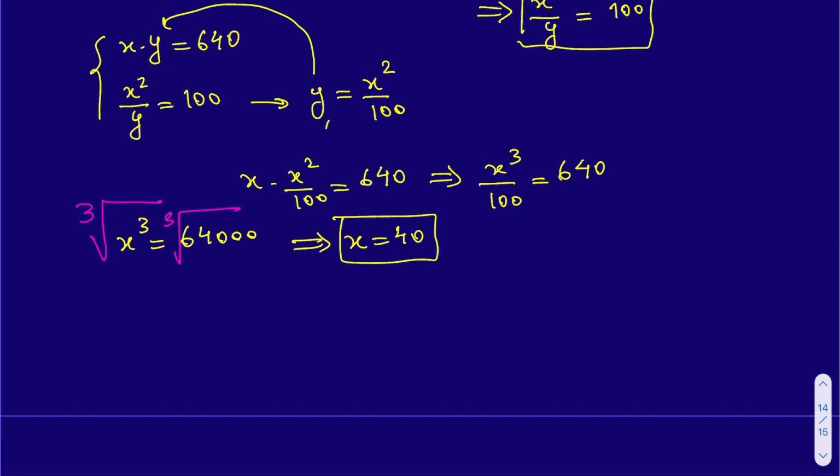So this is the value of x, and then I can replace x in one of the equations above, and I can find the value of y, which is 16. Okay, so these are the answers.